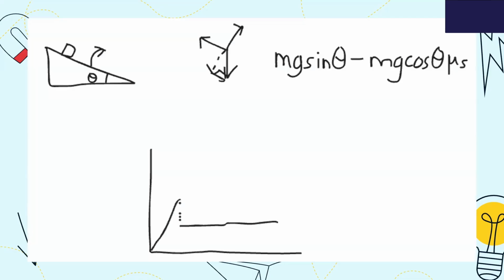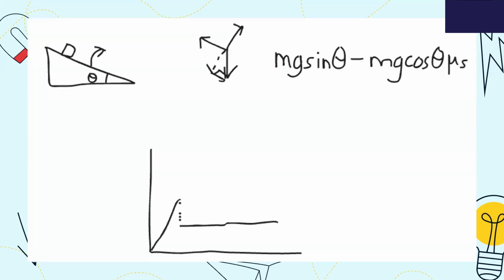And here's an example. So let's say I have this ramp, I have an object on it, and I'm slowly raising the angle theta. As I raise the angle theta, there's more of a component of gravity pushing the object down the ramp. And I drew the free body diagram for it up there.